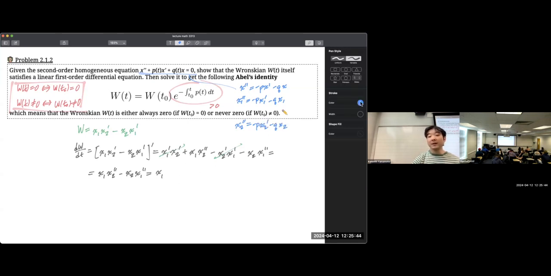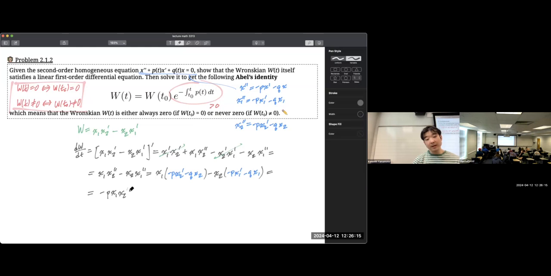So that means that this x2 double prime is the same as this because it satisfies the homogeneous equation. And you're going to have a minus x2, and then this x1 double prime is the same as this right here. Okay, then let's multiply everything out. You'll end up getting negative p x1 x2 prime.